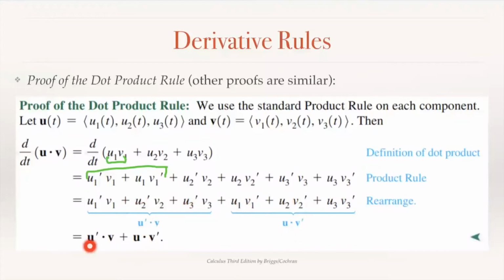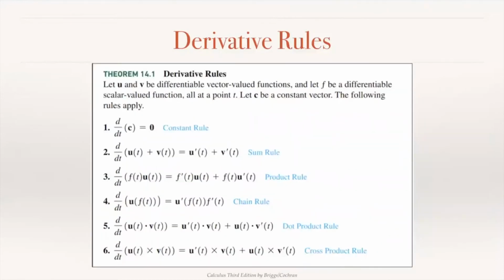And hence the result is u prime dot v, which is this guy, plus u dot v prime, which is the sum of these three terms. Yeah, so point is, break it up into components and apply calculus 1 rules, and then gather terms appropriately, and you can prove all 6 of these.